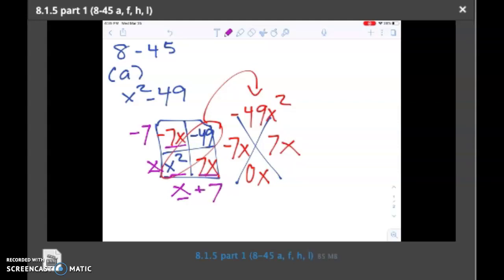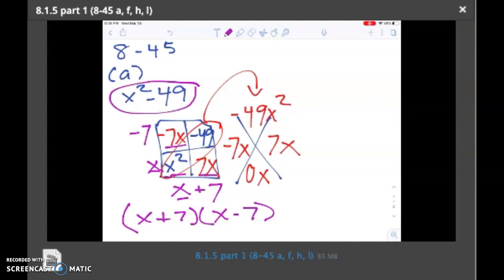So I'm going to write out my product: x plus 7 times x minus 7. Noticing that we started with our area as a sum, x squared minus 49, and we ended up with our area as a product, x plus 7 times x minus 7.